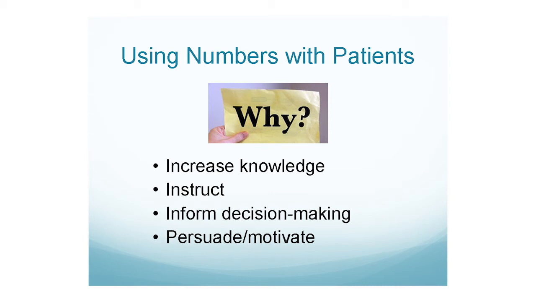And why? The numbers really need to come out when we need to increase their knowledge. If that's the need, then that's when you should bring the numbers. But if it doesn't make any difference, if it's not going to change how they take their medicine, and their decision is made and they're following through and adhering, then the numbers are not necessarily important to get into.